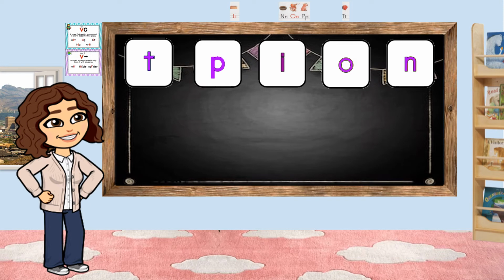And if you do not have any letter tiles or magnets, that's okay. Remember, you can follow along using a sheet of paper and a pencil and follow along with what we do up here on the board. So I'm going to give you all a minute to go ahead and get your materials together.